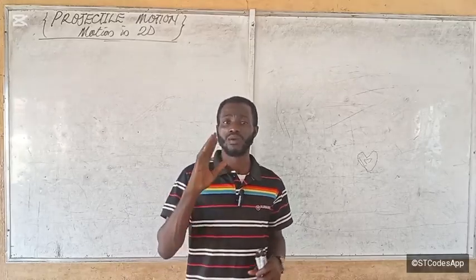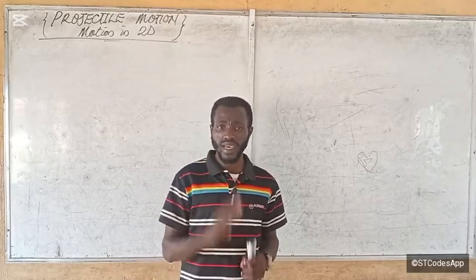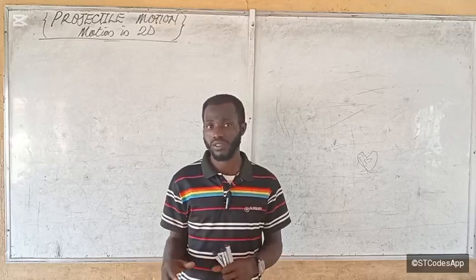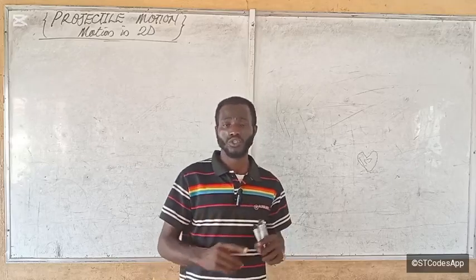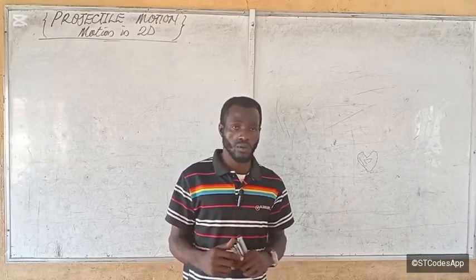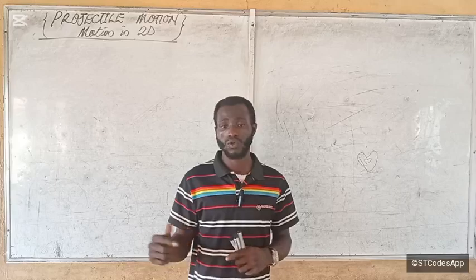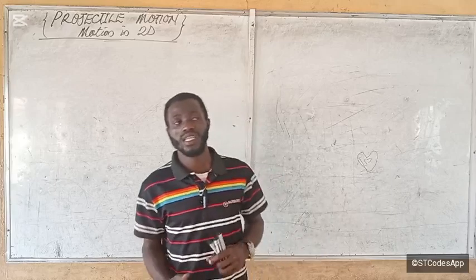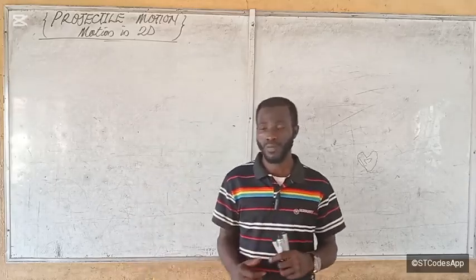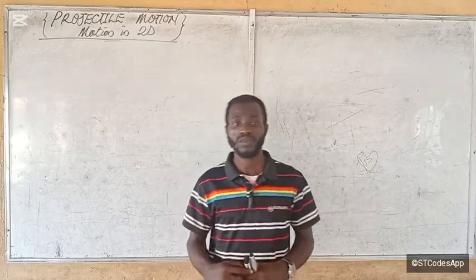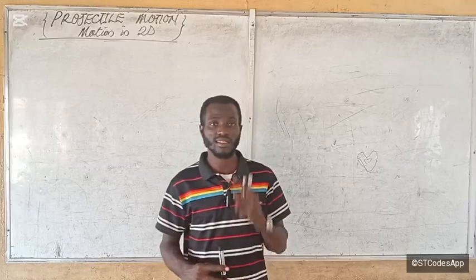In order to understand projectile motion, which is basically motion in two dimensions, you must first understand motion in one dimension, which we call unidimensional motion or translational motion. With unidimensional motion, we have motion of a body along a single plane.